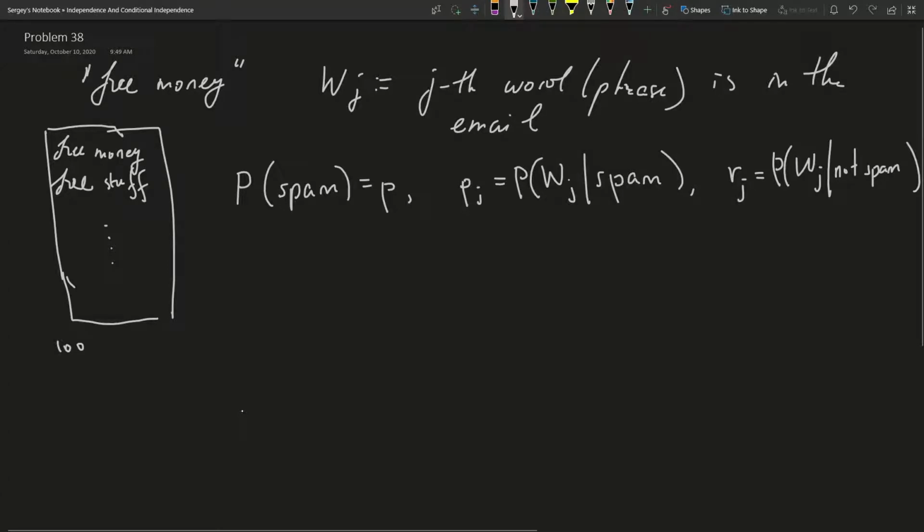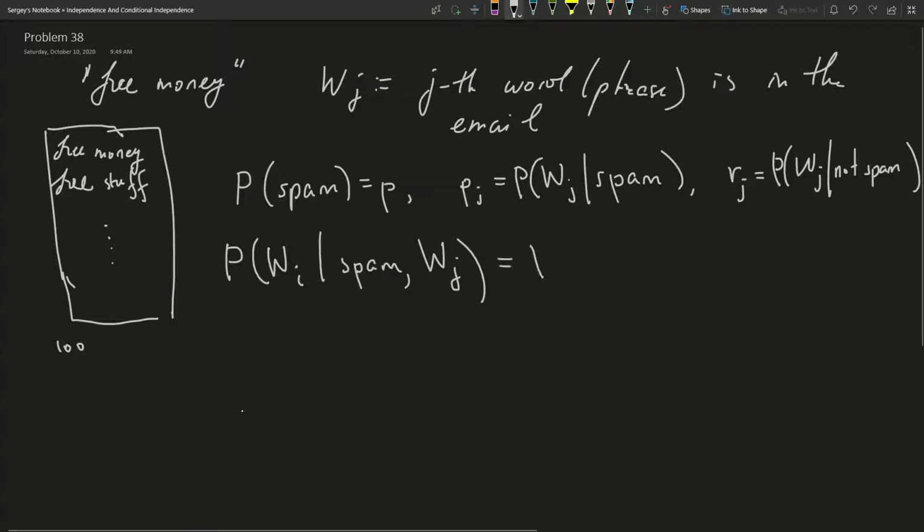Now, we're also going to assume that all of these 100 words and phrases in our list are conditionally independent, given that the email is spam. In other words, knowing that the email is spam, knowing that the jth word occurred tells us nothing about whether the ith word has occurred or not.